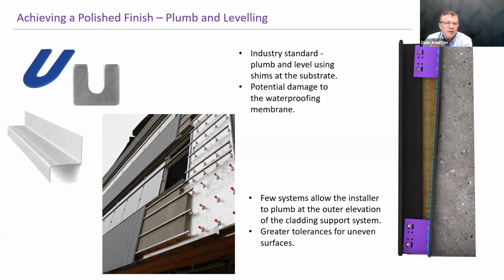And then there are other systems like we see in the middle that allow you to adjust each individual clip so that you can mount the rails in a plumb and level fashion. Ideally, you want a system with fewer parts and pieces, and fewer fasteners penetrating that weather barrier behind.